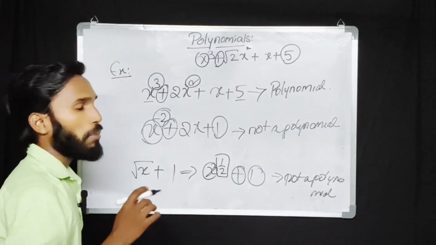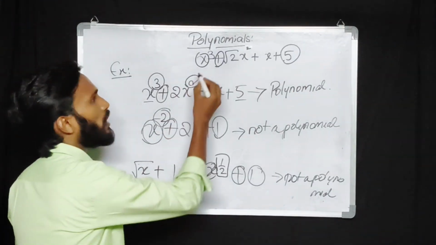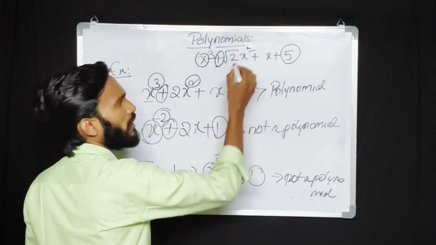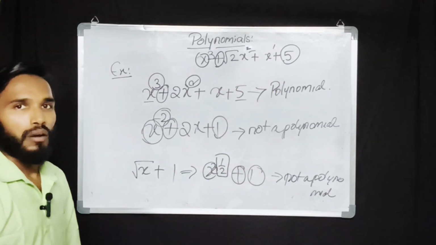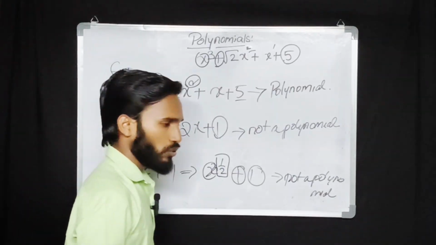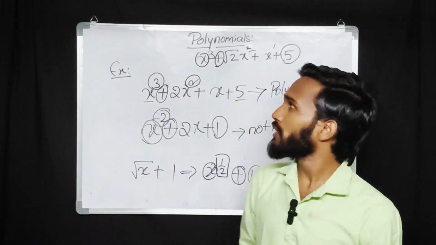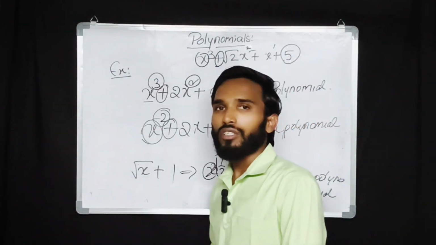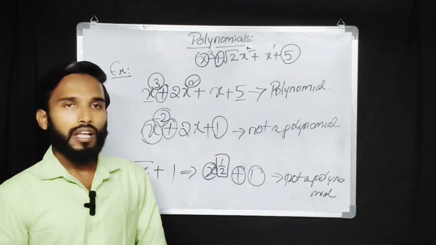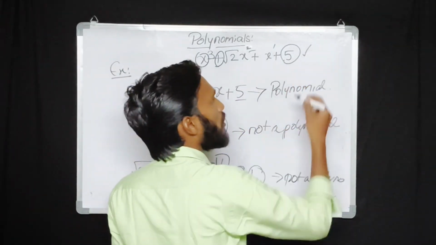What should we see? The power of the variable. The power of the variable here is 3, here 2, here 1. So this is also a polynomial. But what happened with most of the students? Seeing this x with root 2, they got confused about whether it is a polynomial or not. But ultimately this is a polynomial.